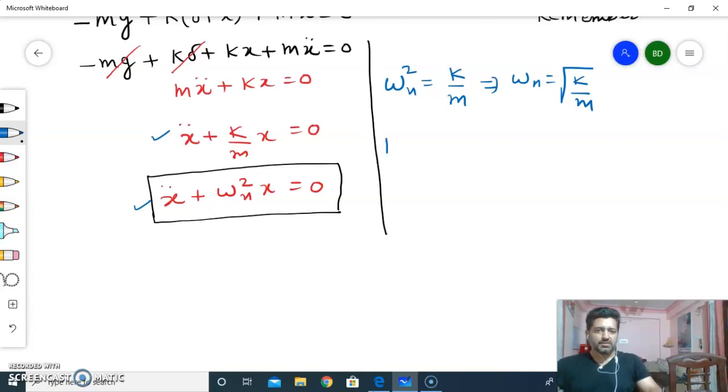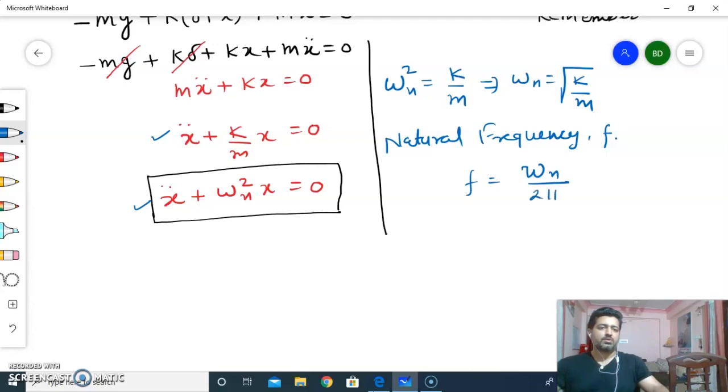Now if you want the natural frequency, denoted by f, f is equal to what? Omega n upon 2 pi. So our natural frequency can be written as 1 by 2 pi into under root k by m.